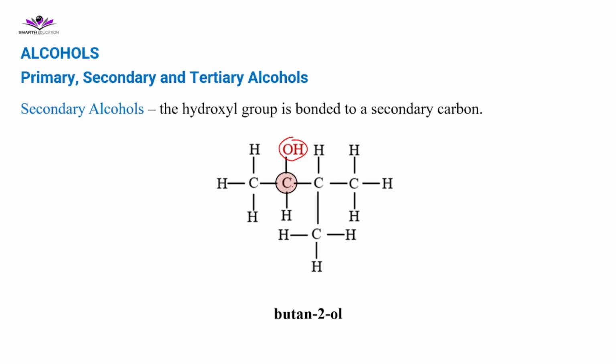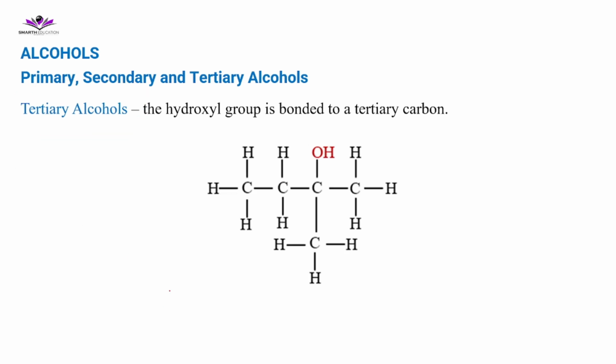So this carbon is attached to two other carbons. So this is a secondary carbon. Since the hydroxyl group is attached to this carbon, then this is a secondary alcohol. And then we have the tertiary alcohols. This carbon is a tertiary carbon because it is attached to three other carbons. And then since the hydroxyl group is attached to this tertiary carbon, then the alcohol is a tertiary alcohol.